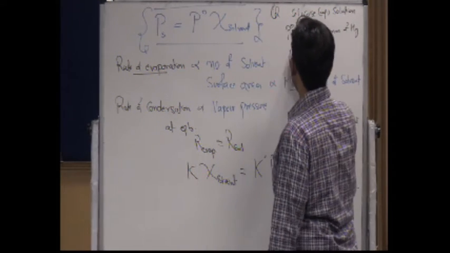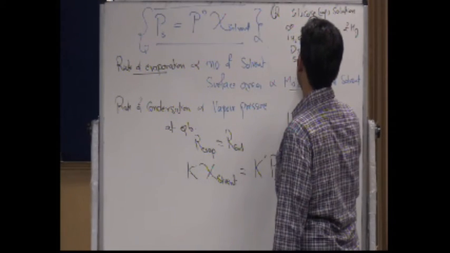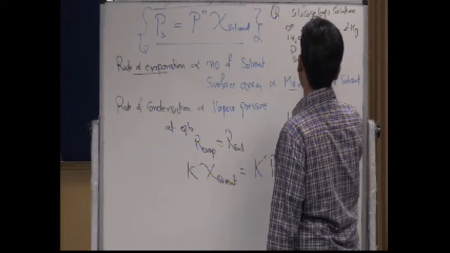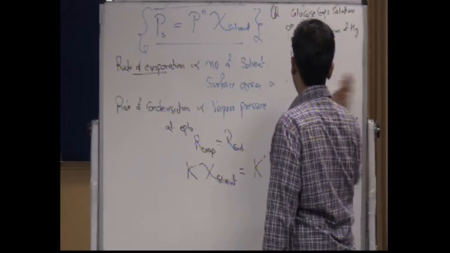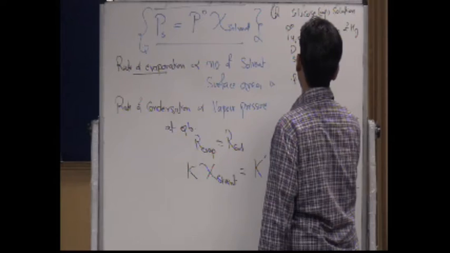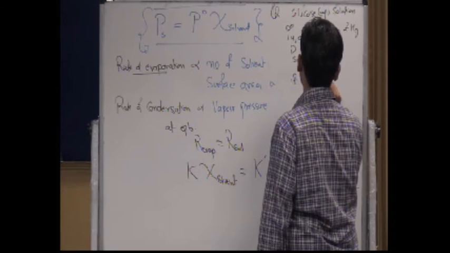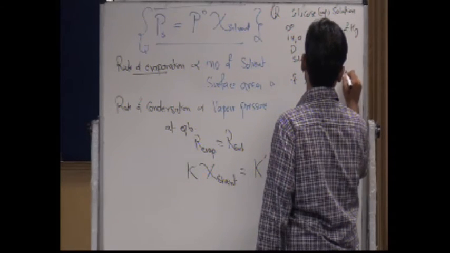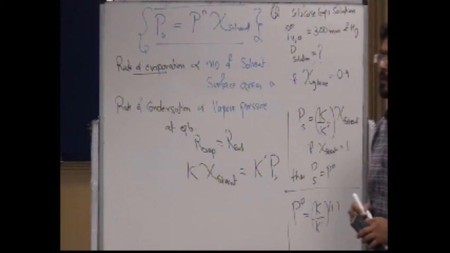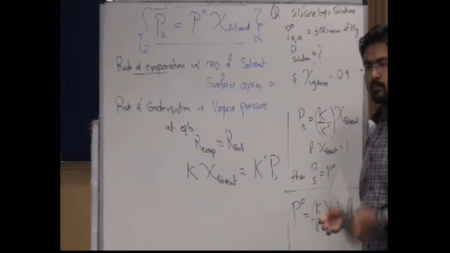So what will be the vapor pressure of the solution if the mole fraction of glucose is 0.4? So what will be the final result?